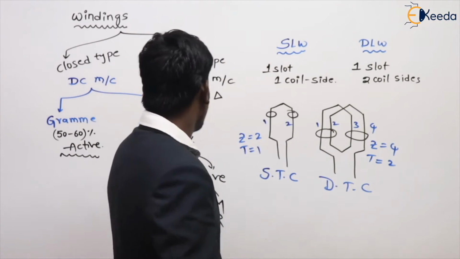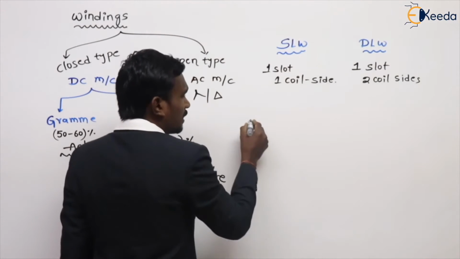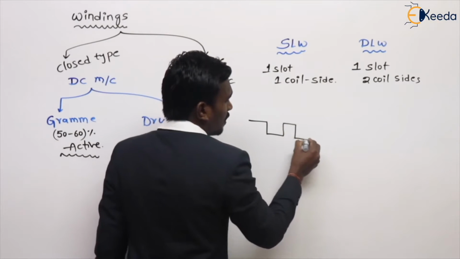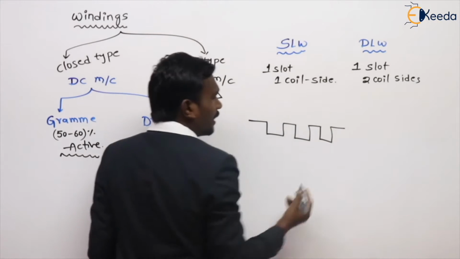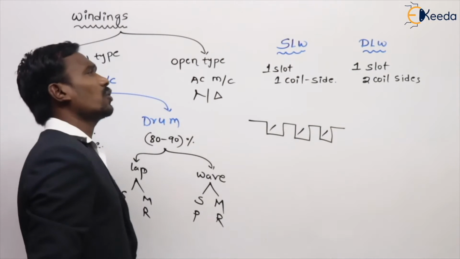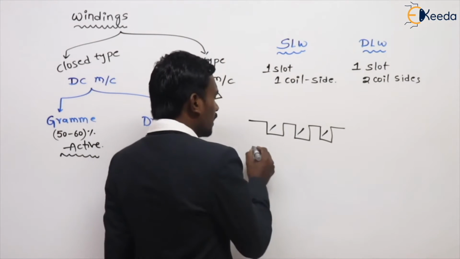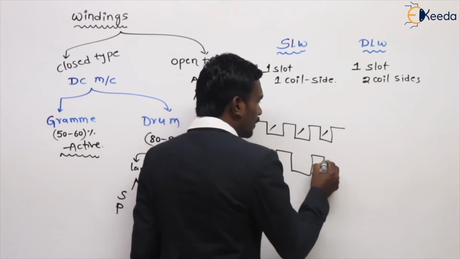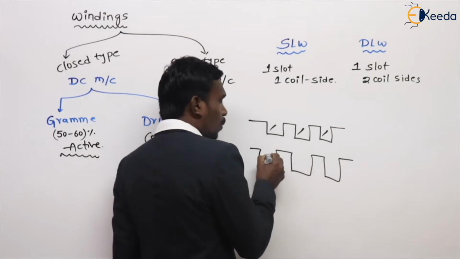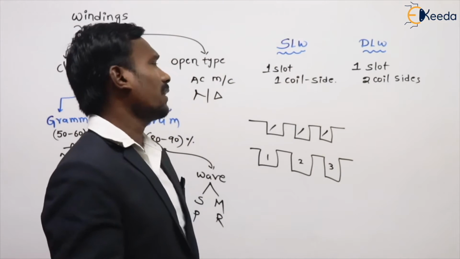So, let's see, for example, single layer winding. For example, I have slots like this. In these slots, if only one conductor is there, then that is called single layer winding. Nothing but in these slots we have only one conductor, one coil side: 1, 2, 3, etc. These are the coil sides.